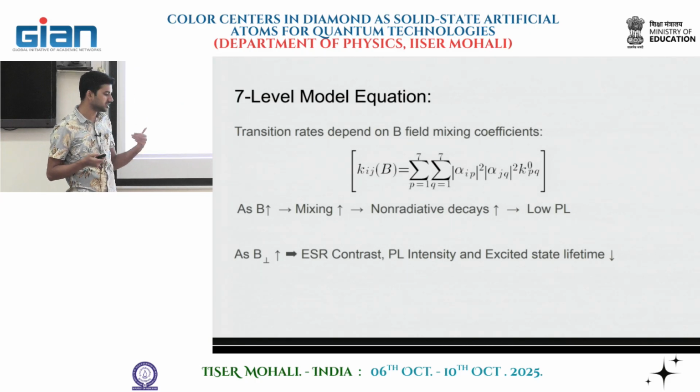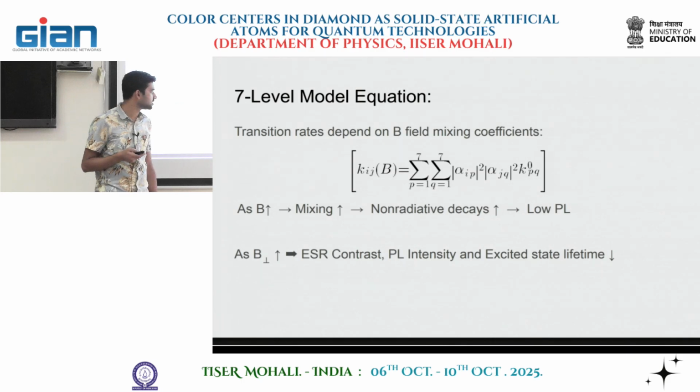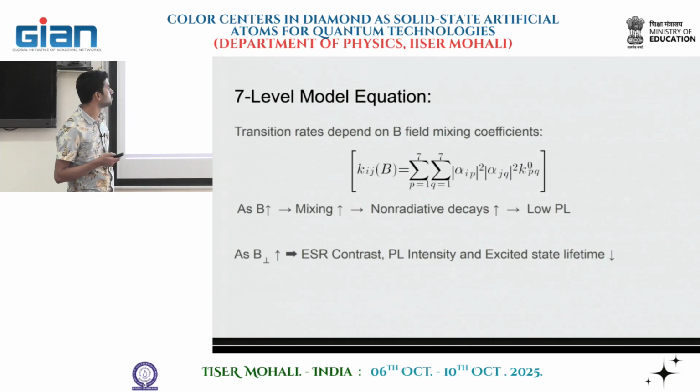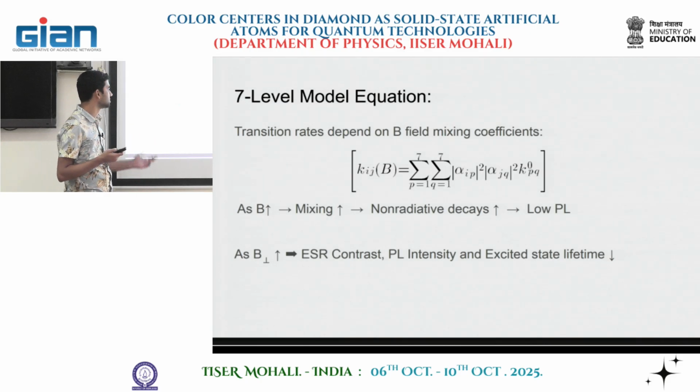We can also interpret it this way: as you increase the off-axis magnetic field, meaning B perpendicular increases, the ESR contrast, photoluminescence intensity, and excited state lifetime will also decrease. The ESR contrast is the main thing we relied on before in measuring magnetic fields using the ESR method.